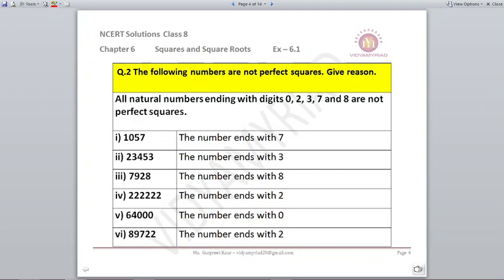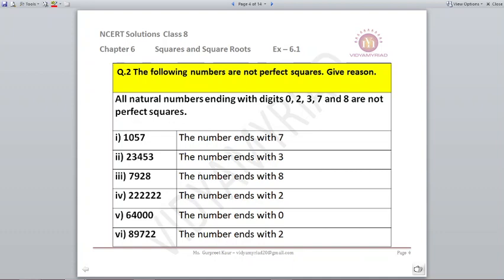23453, it is ending with 3. 7928 ending with 8. 222222 ending with 2. 64000 ending with 0. 89722 ending with 2.